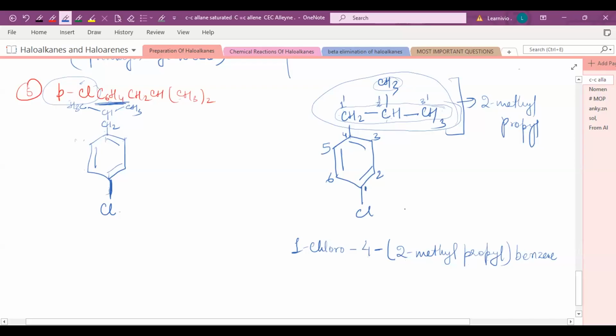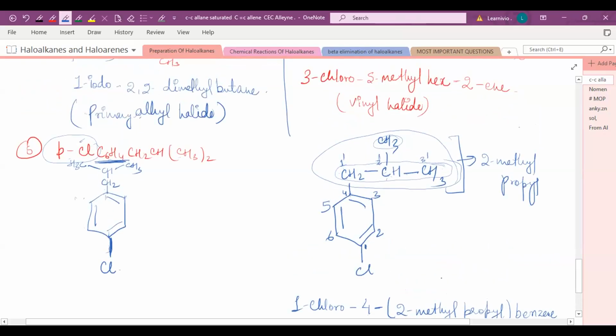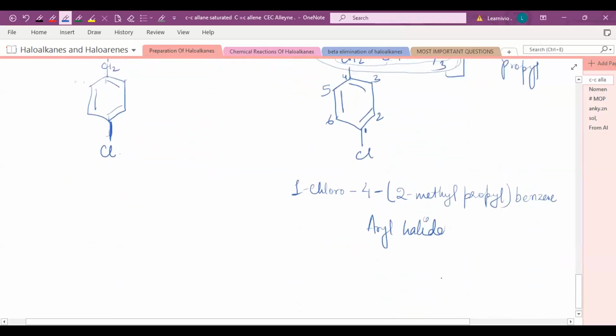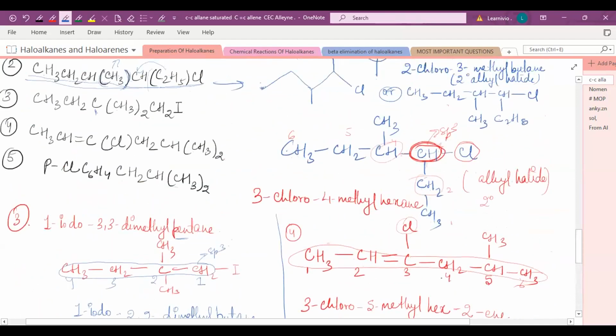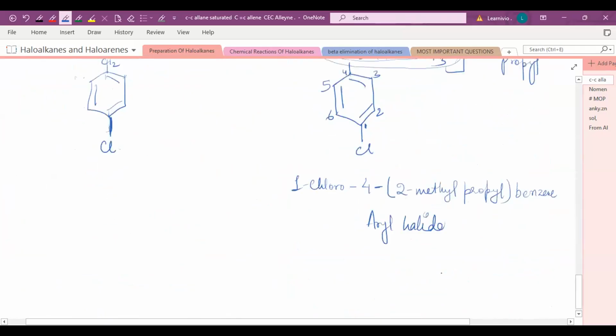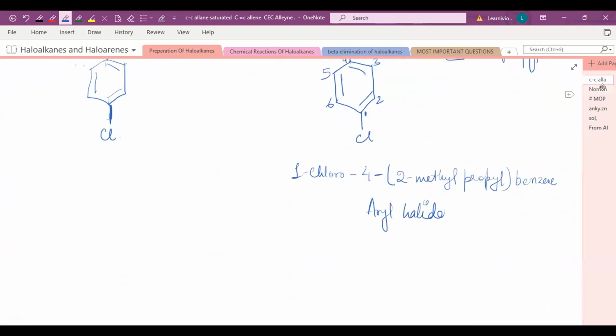Yes, it's an aryl halide. Okay, is it clear now? Yes, ma'am. So that's how we write down the IUPAC name of this type of compound. Okay, next.